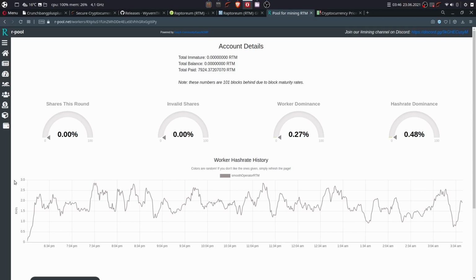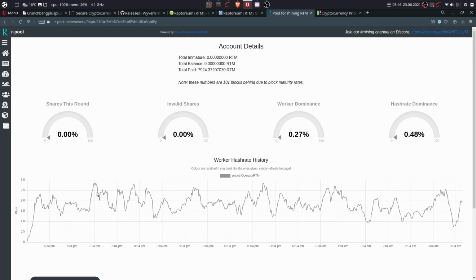Now let's take a look at hashrate chart. As you can see, hashrate varies a lot from really low amounts like under 1 kilo hash up to few kilo hashes. Why does it happen?